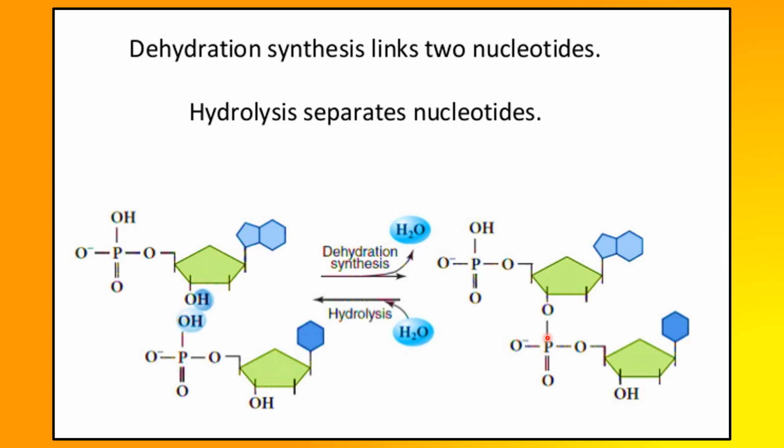We're going to break that bond. How do we do it? Hydrolysis. We're going to lyse the bond by adding water. Here's your water coming in, hydrolysis, and boom, now we go back to our original 2 nucleotides. We'll look at this playbook over and over and over again.